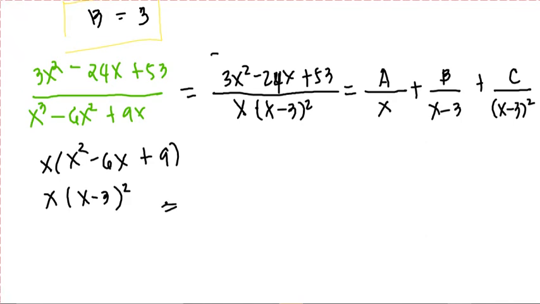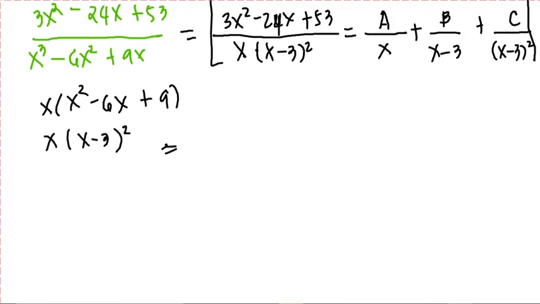so if we multiply the whole equation by the denominator, what remains in our equation will be 3x squared minus 24x plus 53.